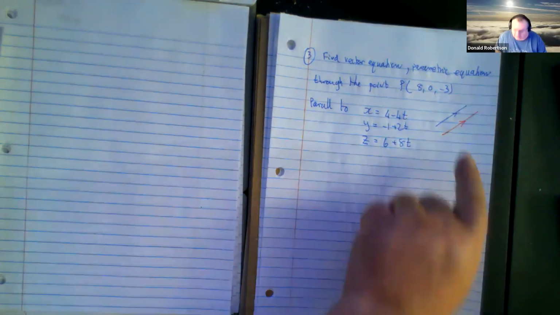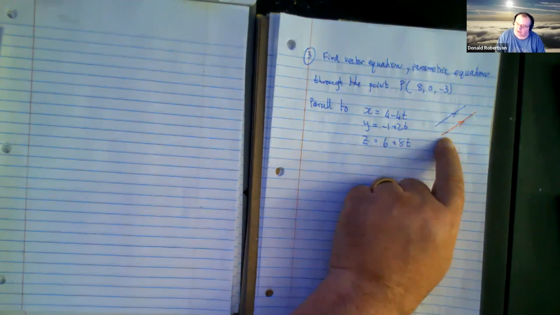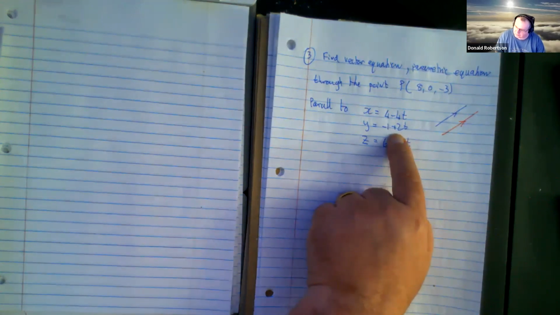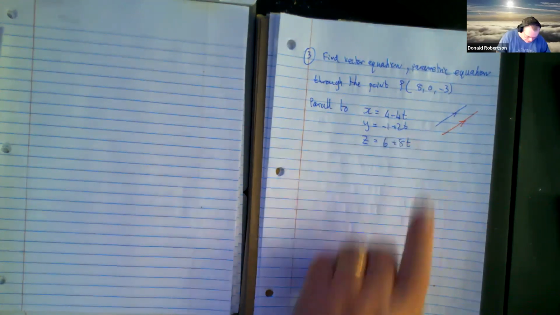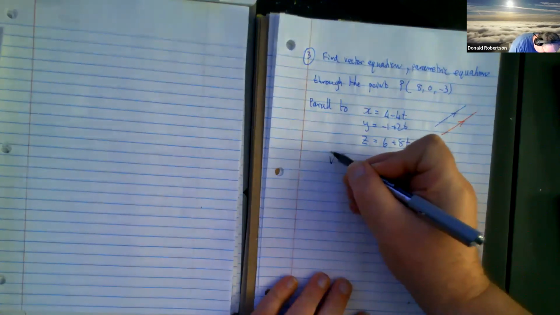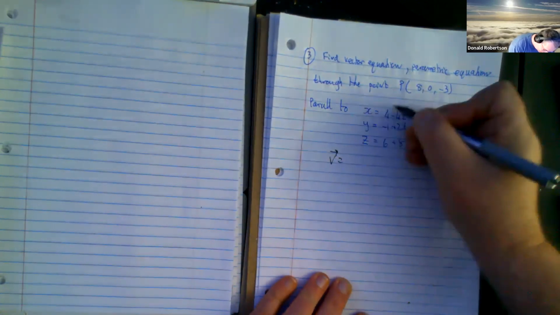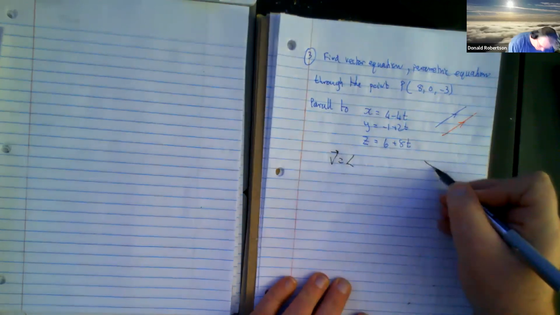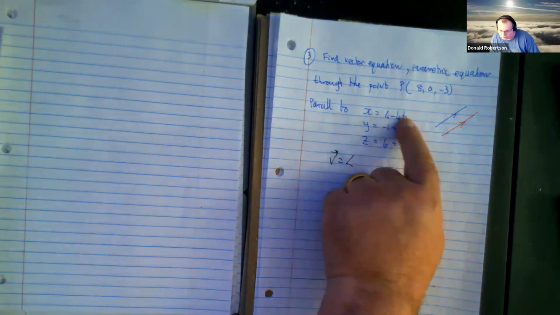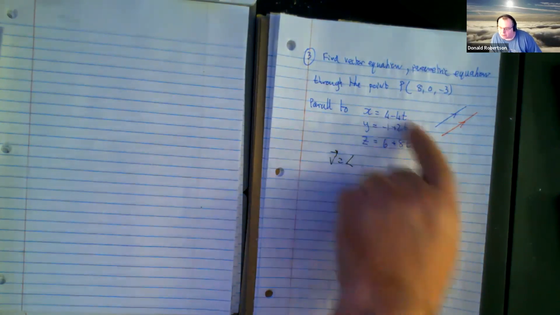So won't my line have the same direction vector as this line? So I should be able to, just by looking at this equation, pull out what the direction vector is. Right? It's a combination of these numbers.